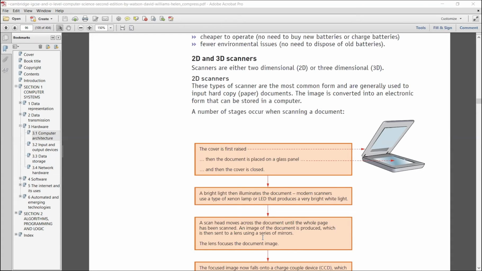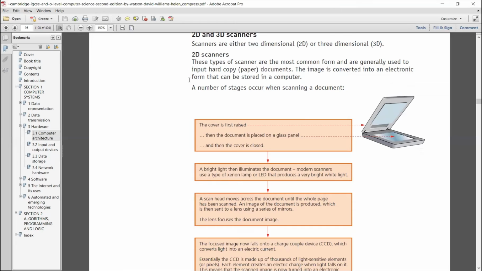2D scanners are actually, yes, exactly, very much similar to the OCR. So if the word OCR comes in the paper, they are talking about optical character recognition, the scanner that is there to read any document, and the document is stored as a file or as an image on the computer system that can be edited using the required software.